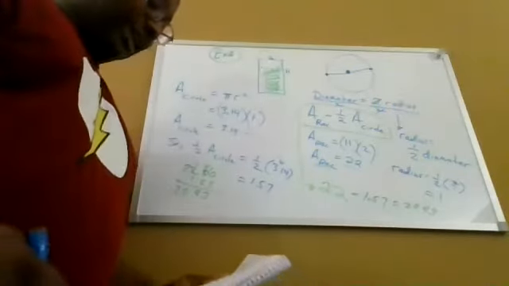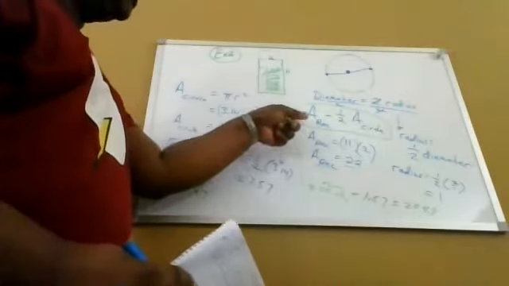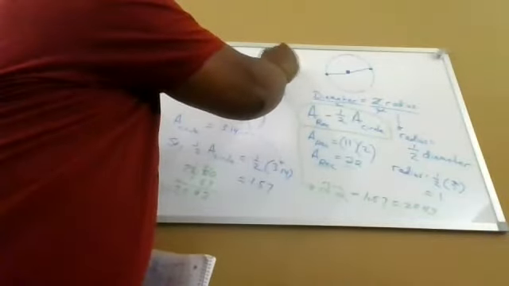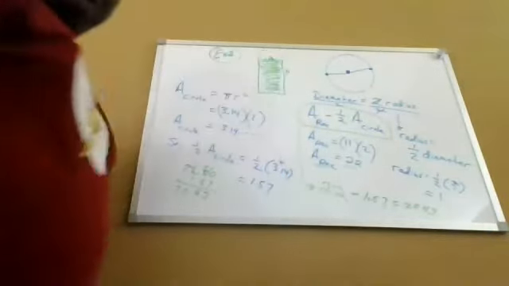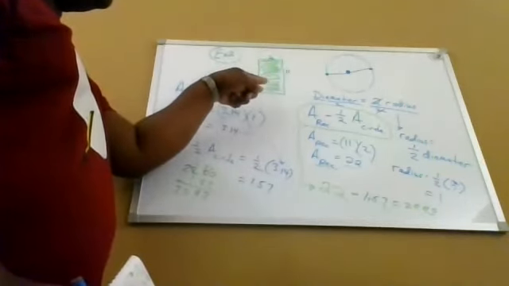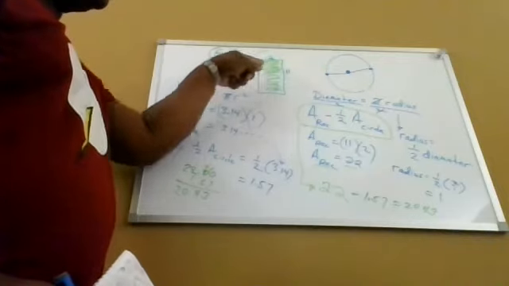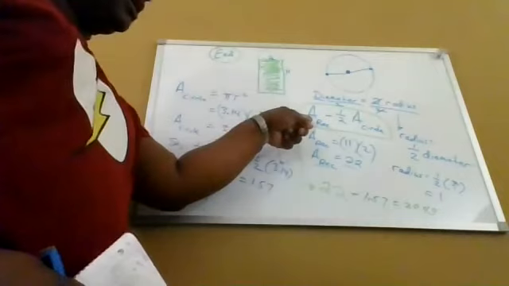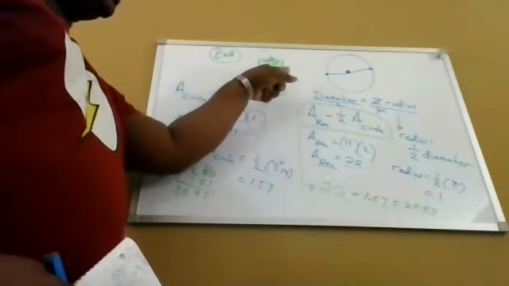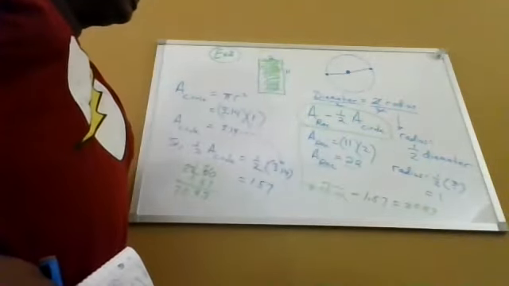So just a quick recap of what we did. We had to calculate the area of the rectangle, which at first was all of this, which included half of the circle. So we calculated the area of the rectangle by doing length times width, or 11 times 2 to get 22.